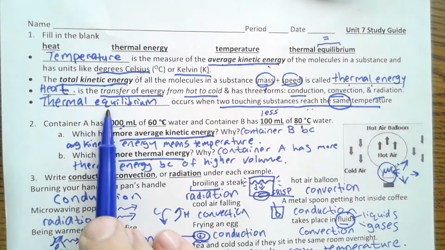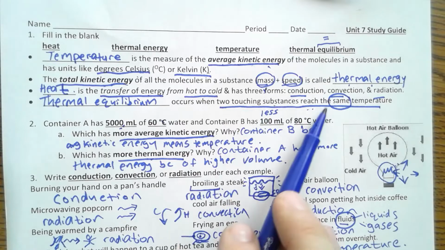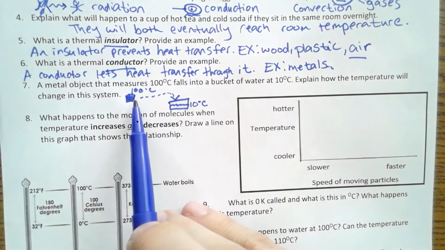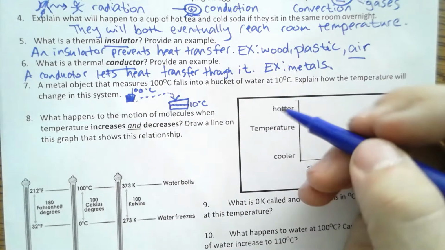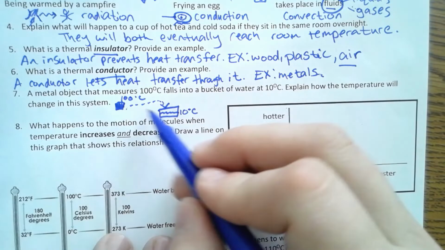So let's go back to one of these definitions. Thermal equilibrium occurs when two touching substances reach the same temperature. So, you guessed it, what's going to happen when I put this hot metal into this bucket of cool water? Eventually, thermal equilibrium will be reached because these two are going to be touching each other.